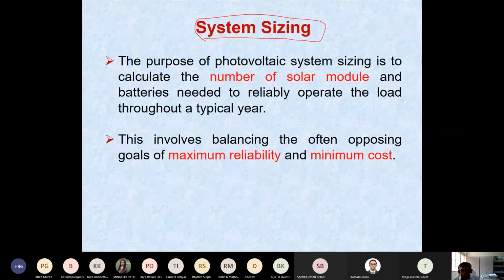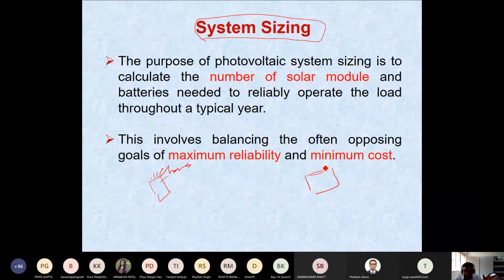Sizing means I'm not going to design the module or manufacture the module. Sizing of PV means how many modules, because standard modules are available in the market. You can choose those modules of that standard, as I told you. And sizing means your requirement.